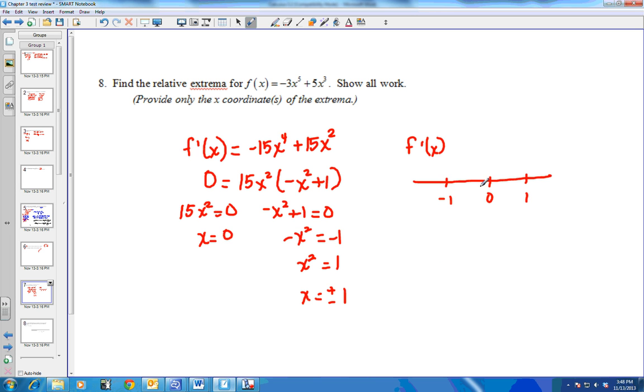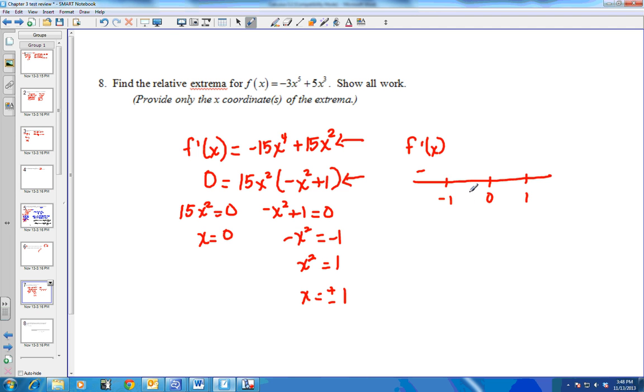And we're going to plug numbers into our sign chart, and we're going to plug them into our derivative. It doesn't matter if it's this one or our more factored one. So I'm going to plug negative 2 in. When I plug negative 2 into these x's, I'm going to get a negative answer because of this number right here.